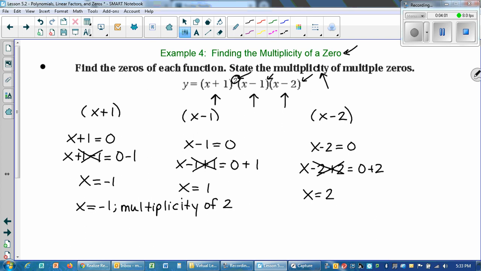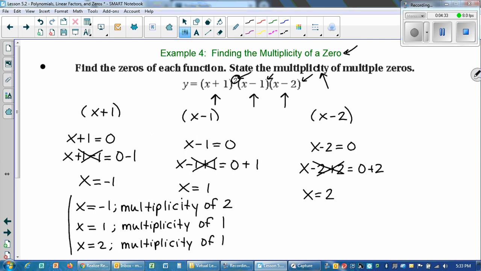Our second factor, x equals 1, did not have an exponent, so it has an understood multiplicity of 1. And our final factor, x equals 2, also did not have a different number on the outside. It still had a power of 1, so making us have a multiplicity of 1.